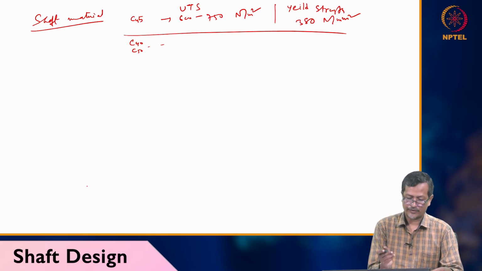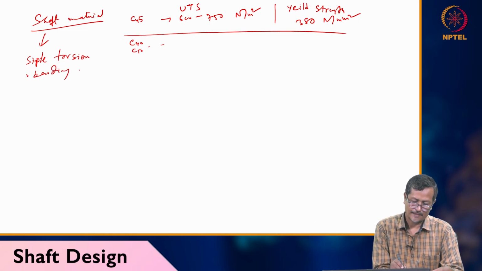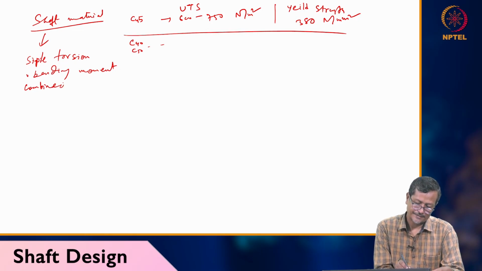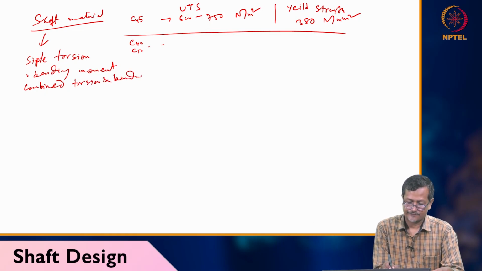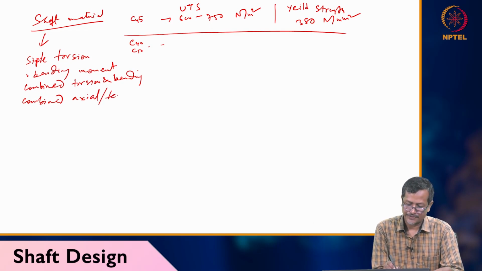So several types of loading will be there: simple torsion, bending moment, combined torsion and bending, then combined axial loading, torsion and bending will be there.